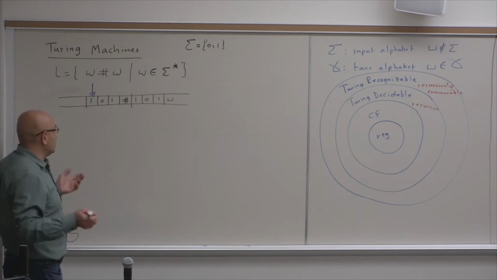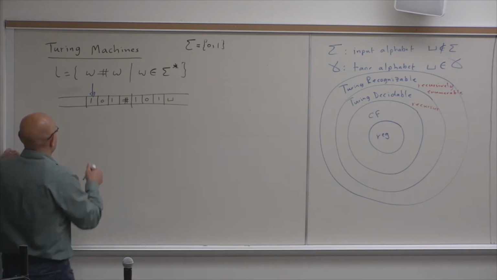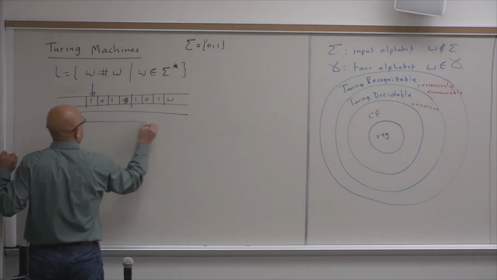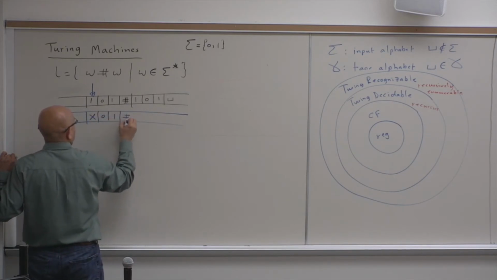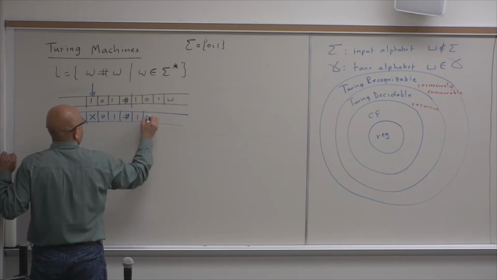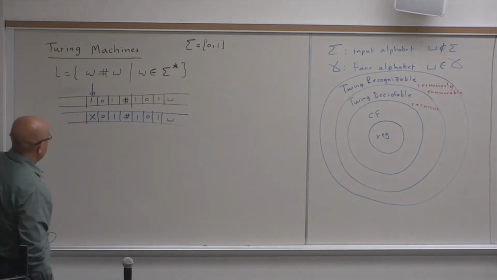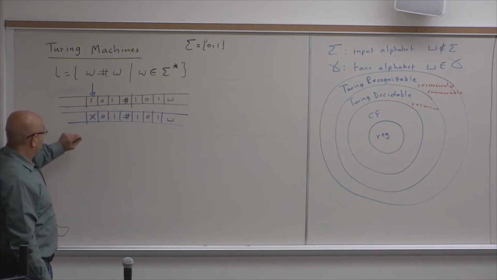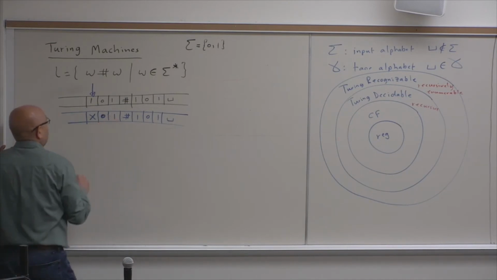You can do this in a systematic manner by using crossing. At this symbol I'm going to cross or mark it, to indicate that I'm done with it, and then remember the symbol that I have just read.